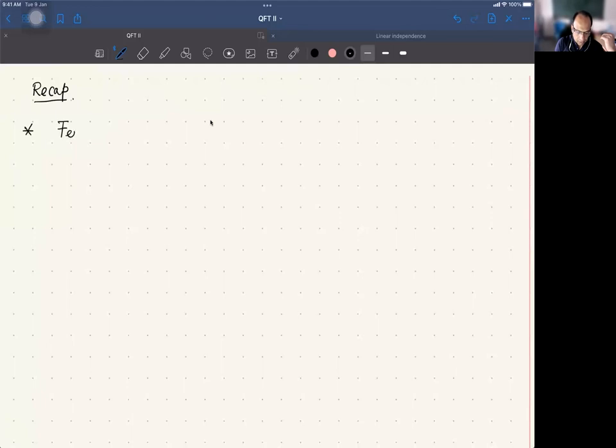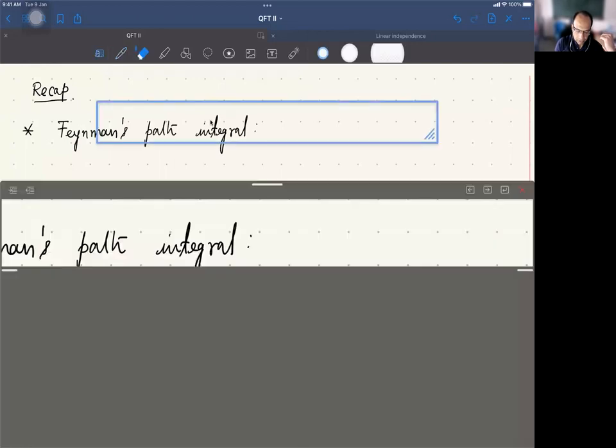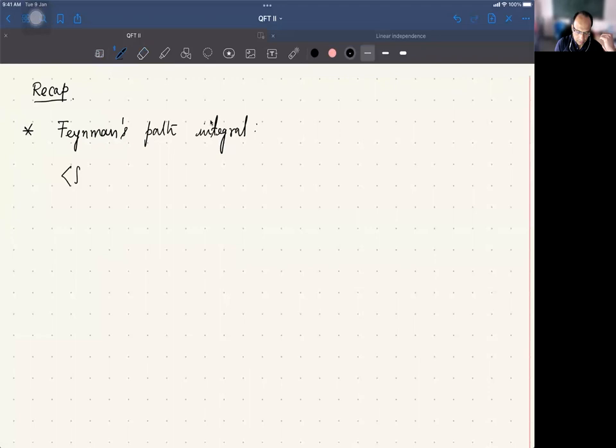One is the Feynman path integral. We are calculating a matrix element, say if I, which is a shorter notation for the matrix element that we wrote down earlier, a simpler notation I'm using.